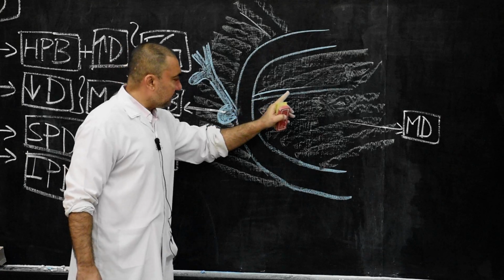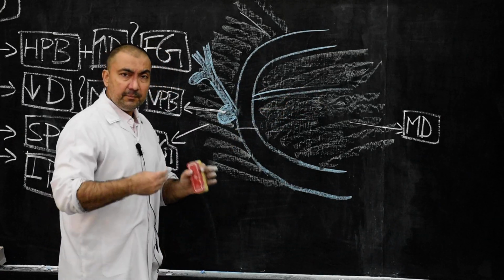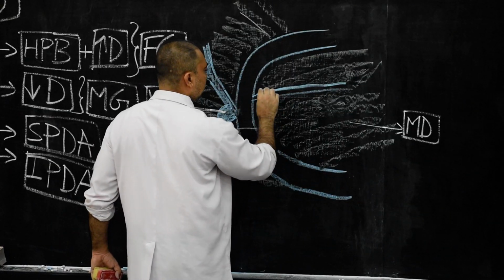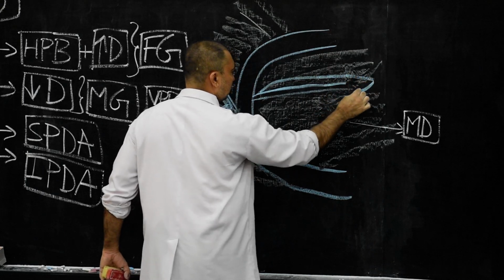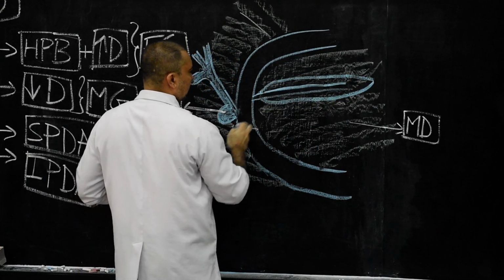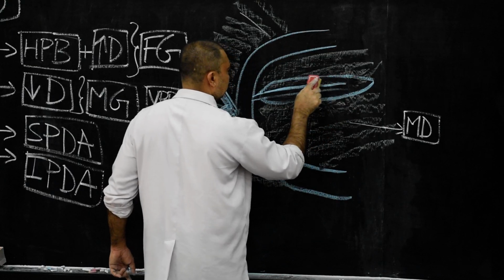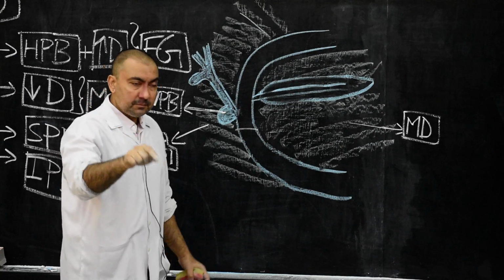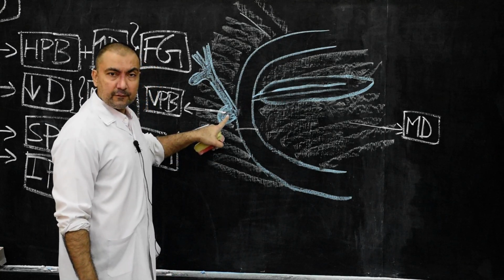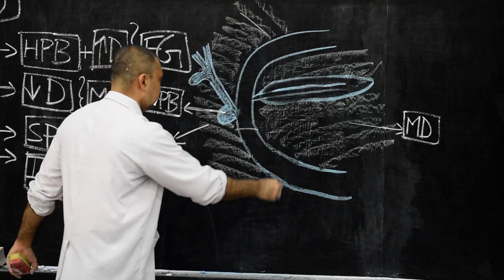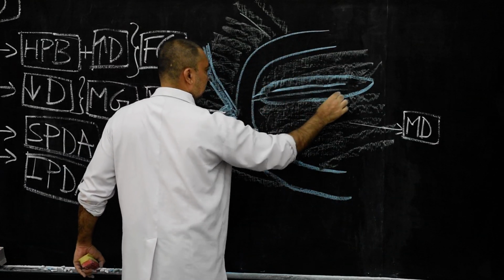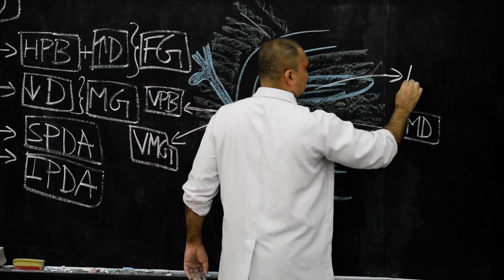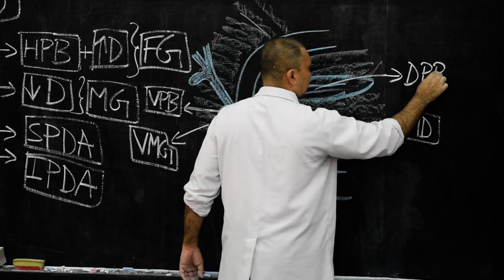From the dorsal margin it will pass into the mesoduodenum, upwards, backwards and medially, and it will lead to development of the body of the pancreas. The entire pancreas develops from the dorsal pancreatic bud, except the lower part of the head, which develops from the ventral pancreatic bud. So you have to mark here the dorsal pancreatic bud.